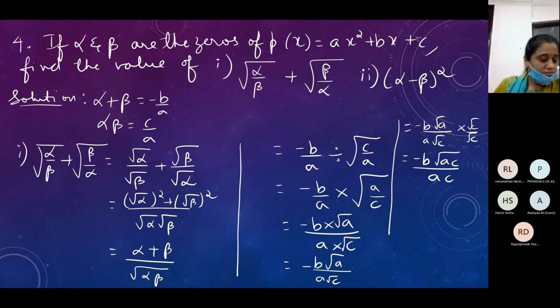Next one, children. B square minus 2ac by a cubed. B square minus 4ac.